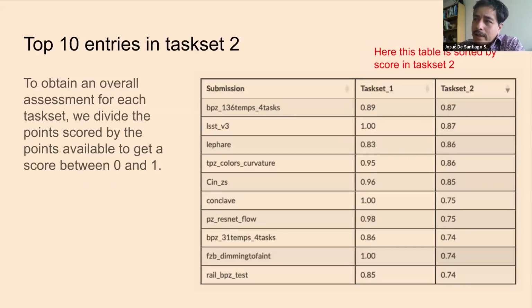That means that those algorithms were able to achieve all of the metrics. But in the task set 2, none of them were able to achieve all the metrics. But some of them, with values of 0.87, for example, or 0.86, achieve most of the metrics, just not all of them.